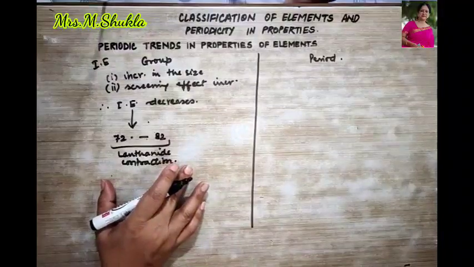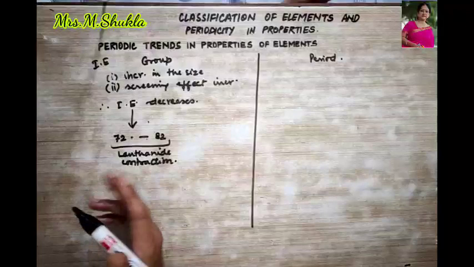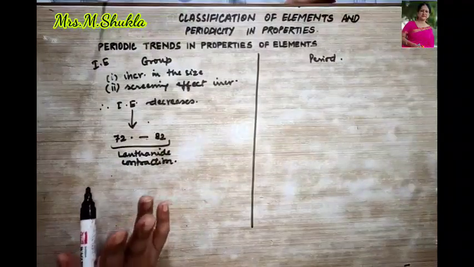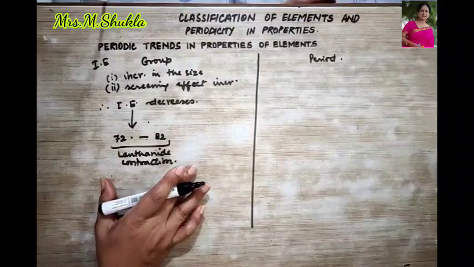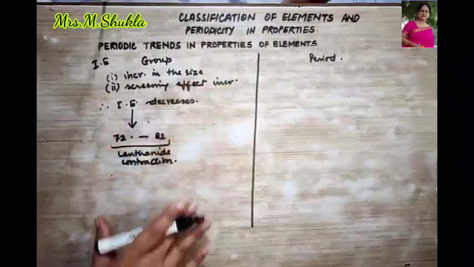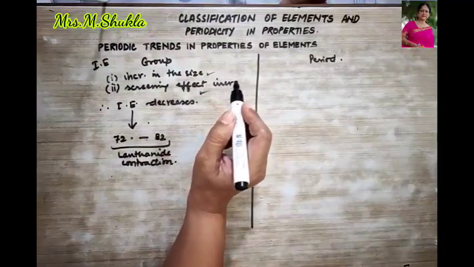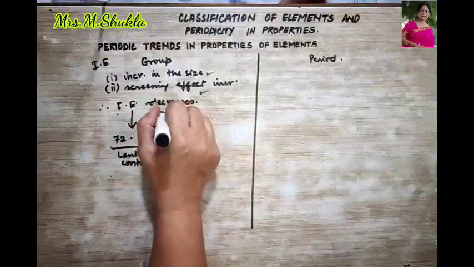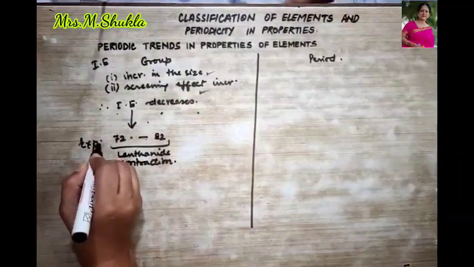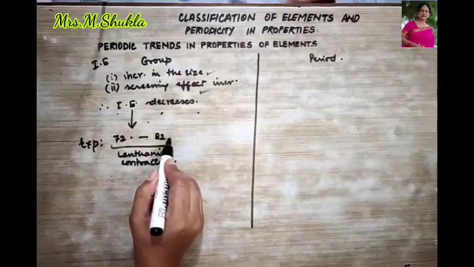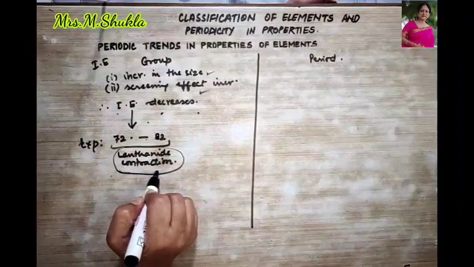The ionization enthalpies of the inert gases are exceptionally high due to their stable configuration, because they have fully filled orbitals. Okay, so over here what did we study? That down the group, since there is an increase in the size and the screening effect is also more, ionization energy decreases. But there is an exception between atomic number 72 and atomic number 82. It shows lanthanide contraction.